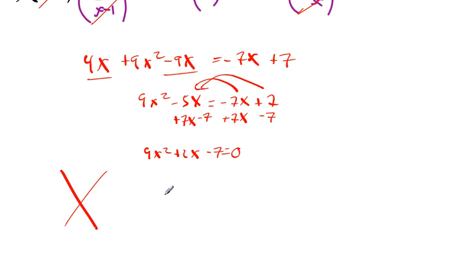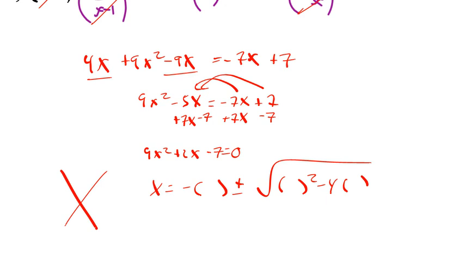But I already know this is not going to factor, so we're just going to go ahead and use the quadratic formula. So let's write that down. I'm going to write it with its parentheses so we can just plop in the numbers, all over 2a.